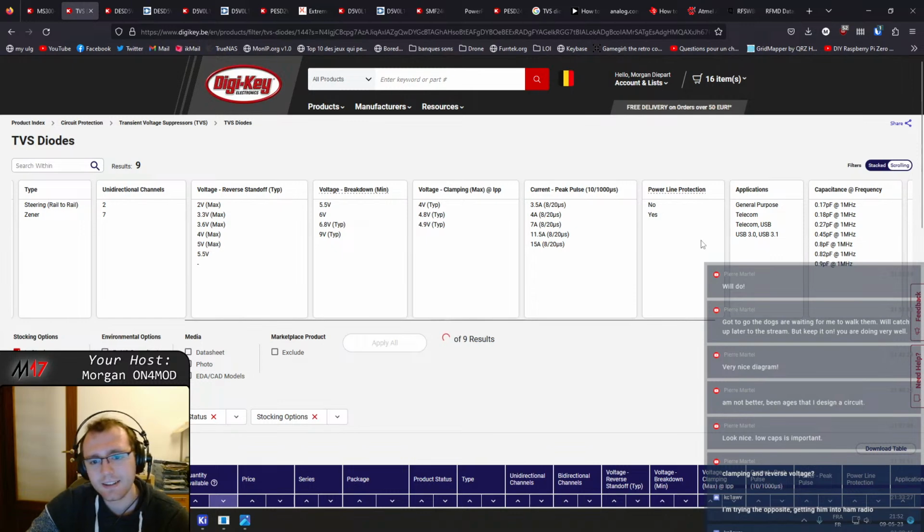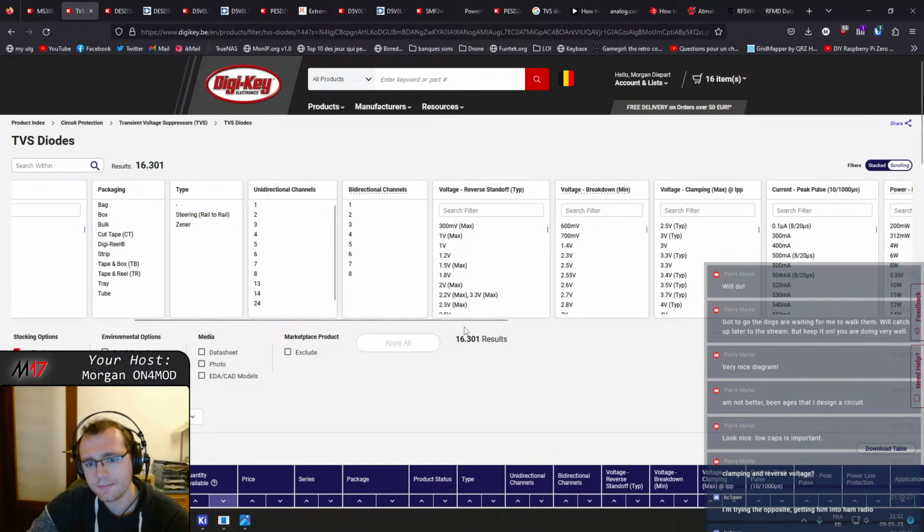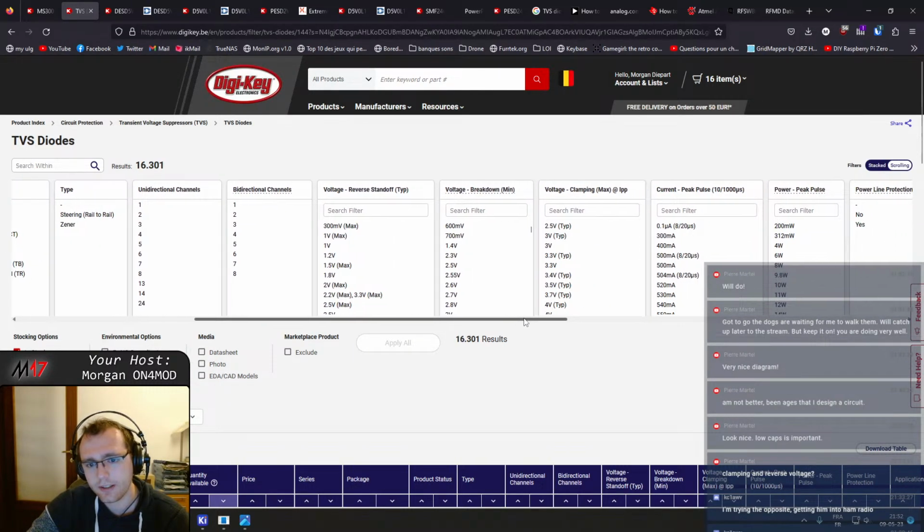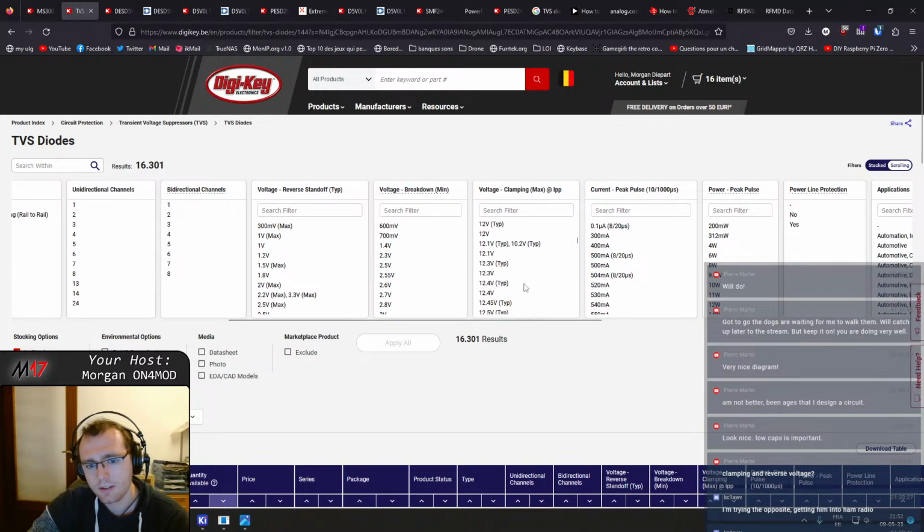Yeah. Still don't understand. How is it that the clamping voltage is lower than the breakdown voltage?